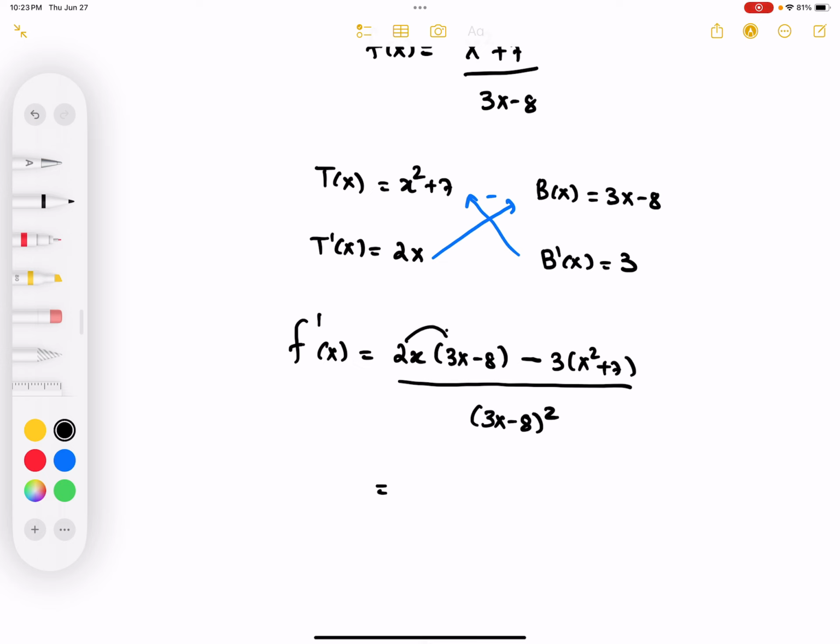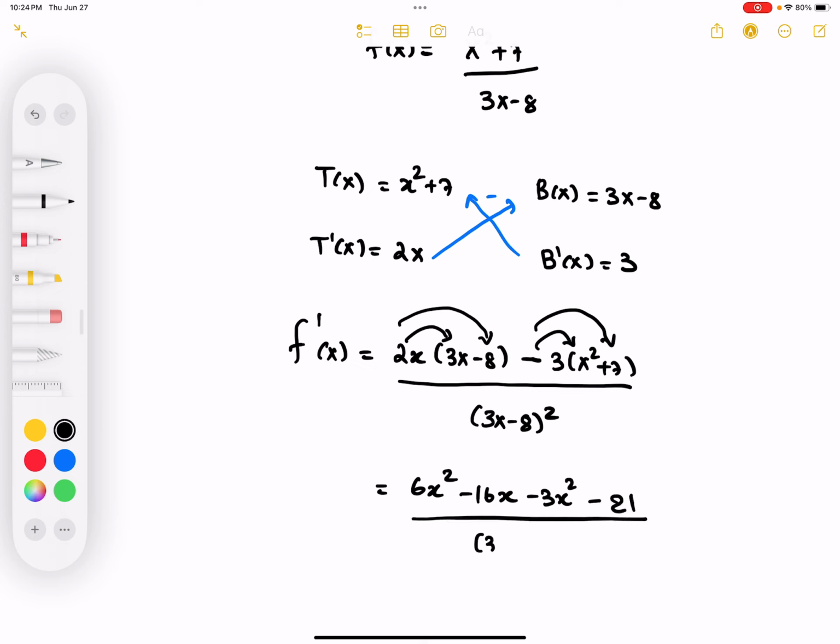So this multiplied by this one is 6x squared. And this multiplied by this one is minus 16x. This one is negative 3x squared. This multiplied by this one is minus 21, divided by 3x minus 8 the whole square.